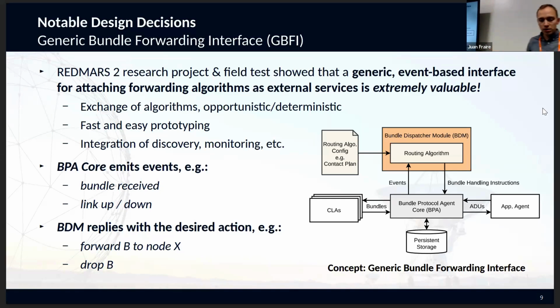And it can then specify actions like forward the bundle to a specific node, drop the bundle, store it, whatever. And this makes it very flexible for us to adapt to different network scenarios.